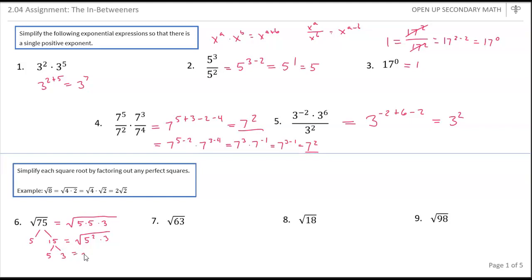Now, if we split those out and give them their own root, we can cancel this root and this square. So then we just get 5 root 3. So the square root of 75 simplified, pulling out the perfect square factors, is 5 root 3.